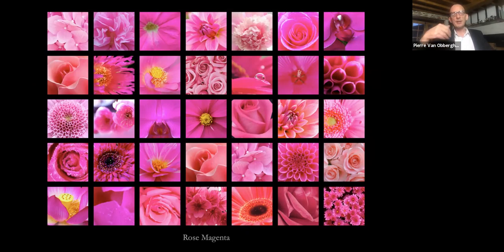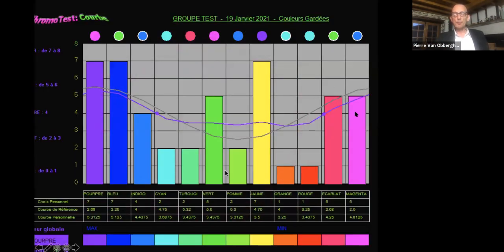So magenta is related to the flower, to love, affection, encounter, tenderness, sweetness, relationship, and it's the soul. So as we kept a balanced amount of magenta in the color test, that means we can give love and receive love, and our love relationship with the colors is quite balanced.